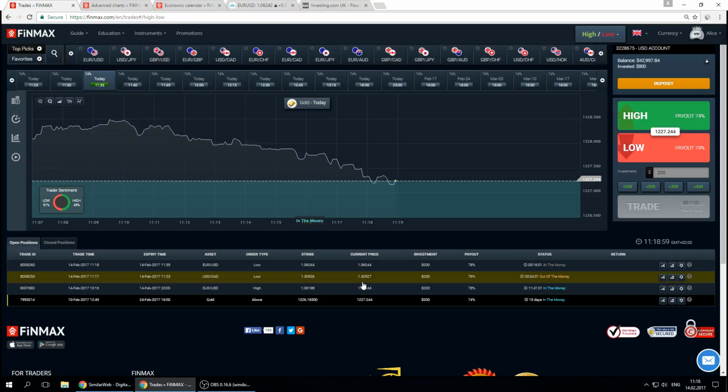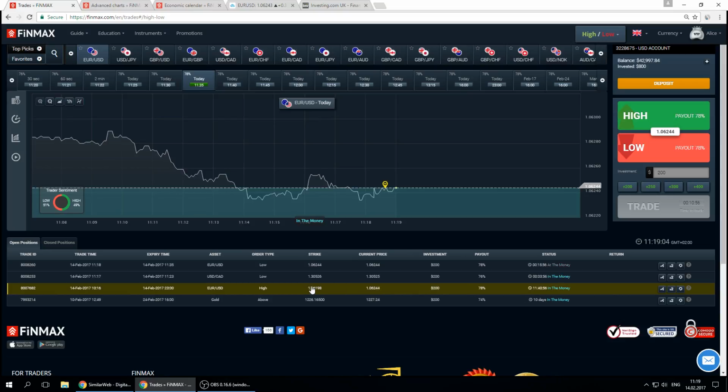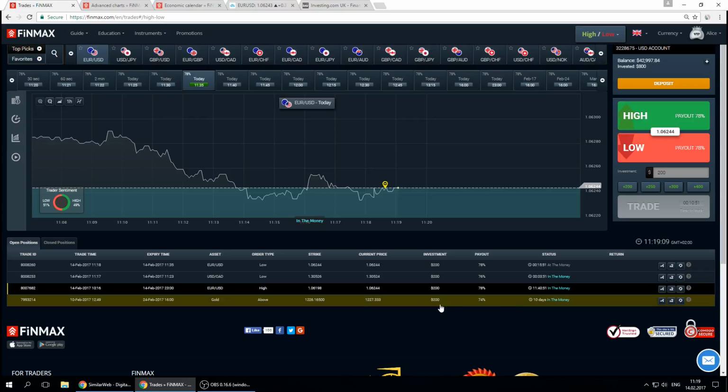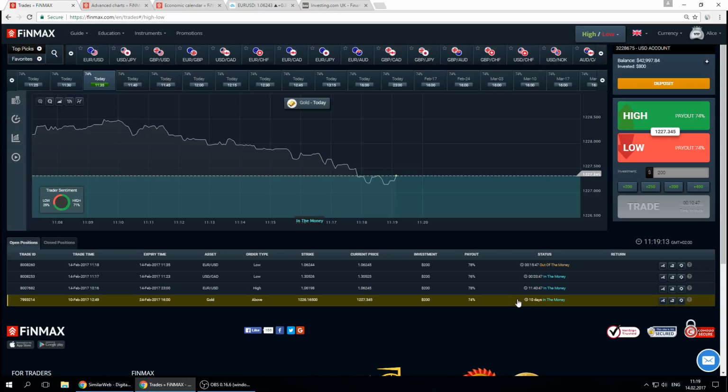These 2 I opened earlier. This one was opened in the morning. Those traders who work with me received the information to open this trade. And for gold, it was opened a couple of days ago, and it's going to expire in about 10 days.